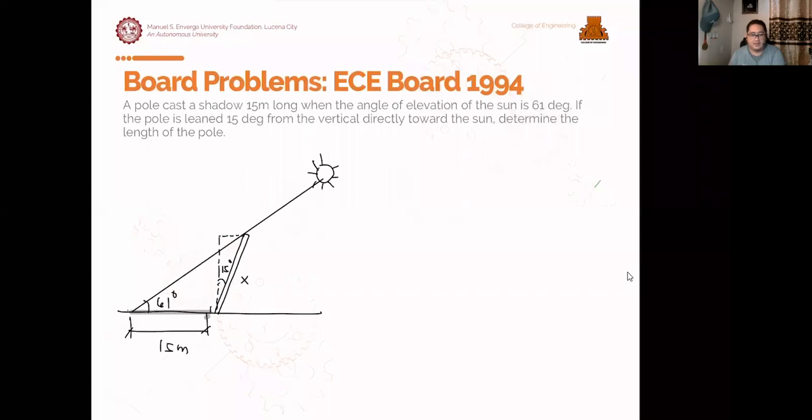Okay? So, paano natin ngayon identify ito? Paano natin makukuha tong angle na to? Ano yung nakikita natin? Right triangle ba to?